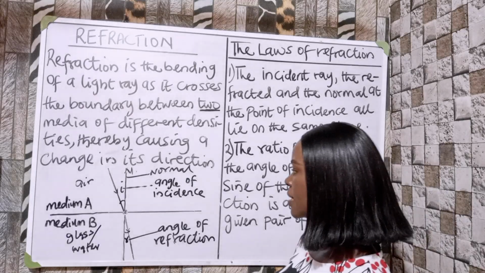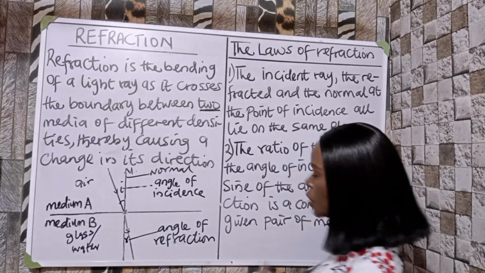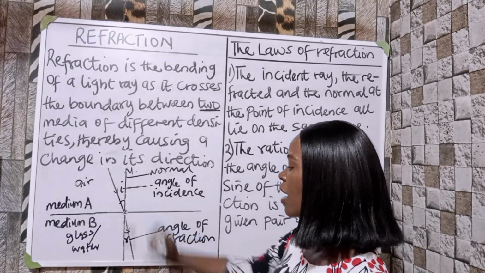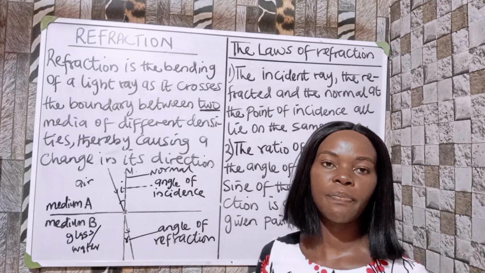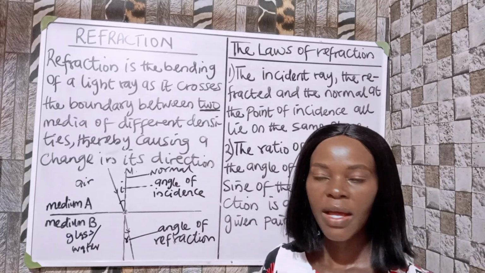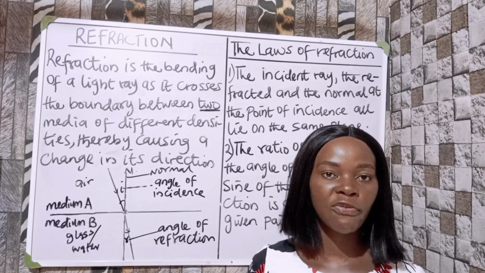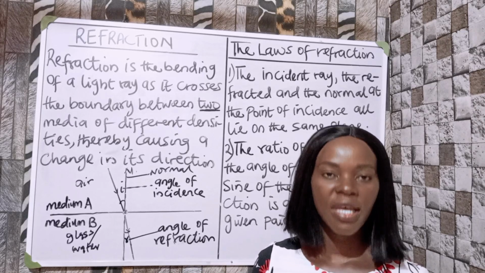Look at the angle of incidence, look at the angle of refraction. So there is a ratio between them. The ratio of the sine of the angle of incidence i to the sine of the angle of refraction r is a constant for a given pair of media. And this constant gives rise to the refractive index.